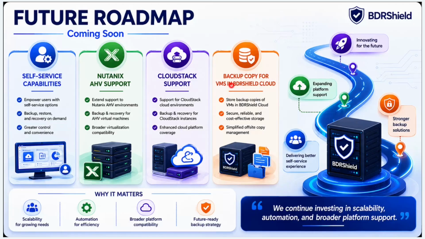We'll be supporting the backup copy feature for VM backups as well. Our ultimate aim is to continue investing in scalability, automation, and broader platform support, and that is where we are heading. There are more security related features also being added. So stay tuned for the roadmap.